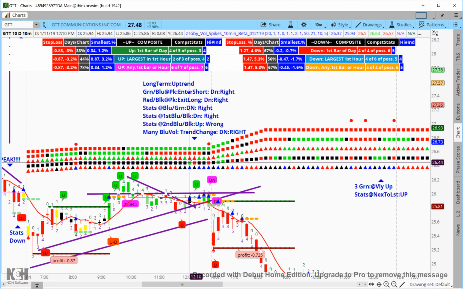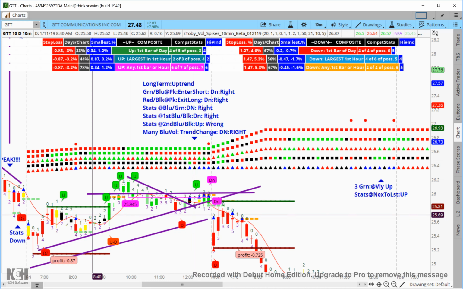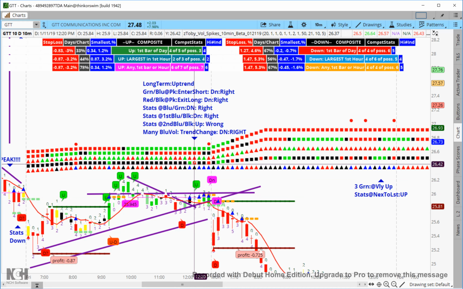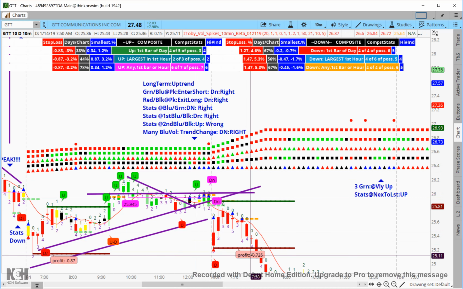Green near the peak, it goes down because they're shorting. Red near the peak, it's going to go down because they're exiting their long. They bought down here, and by the time it gets up here to this red, they're exiting, they're selling it, and so that means the price is going to go down too.